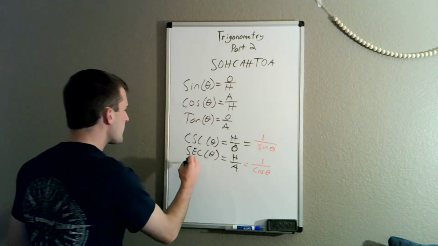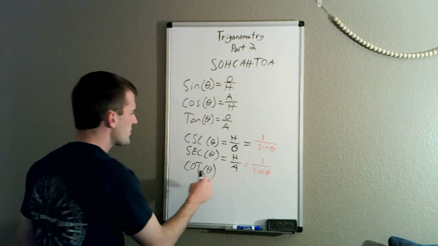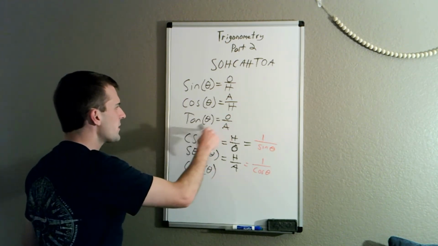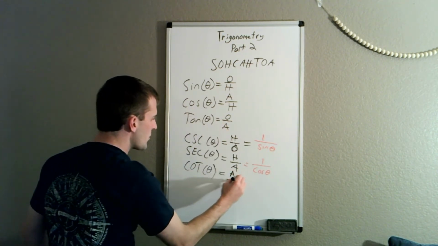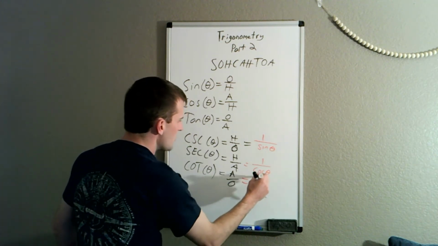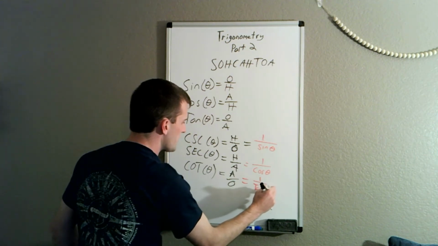And then lastly, the one that makes sense is cotangent. Cotangent of theta is the inverse of tangent of theta, opposite over adjacent. So in this case, it's adjacent over opposite. And this is equal to 1 over tangent of theta.